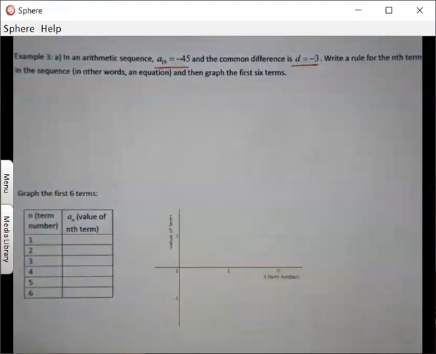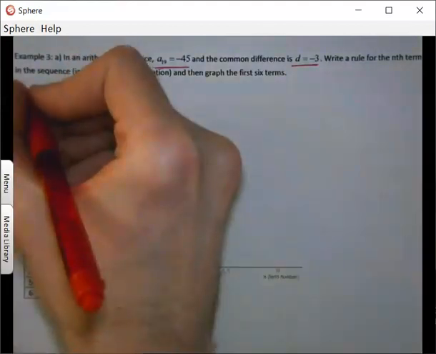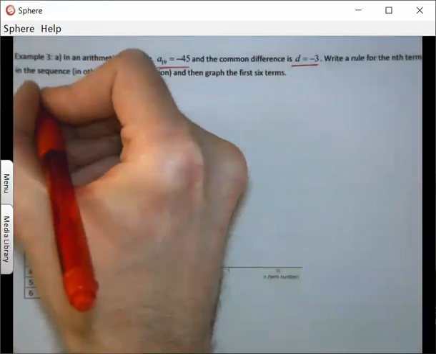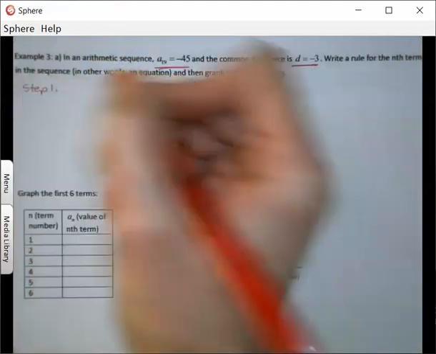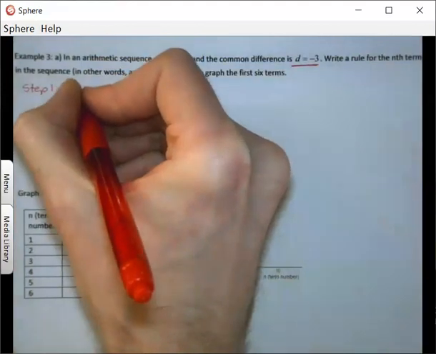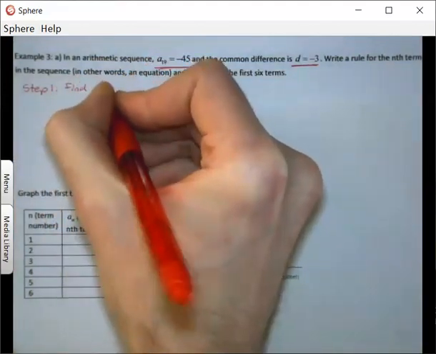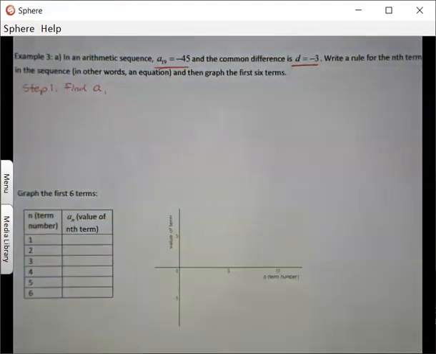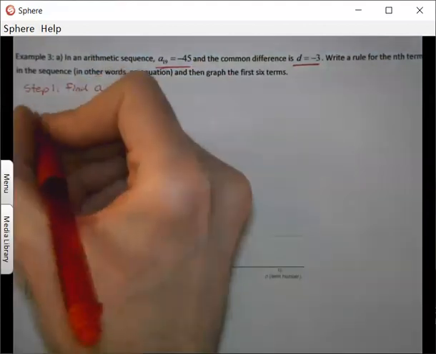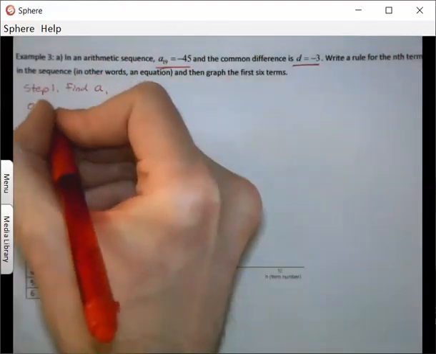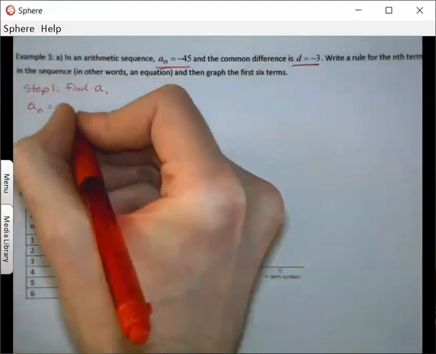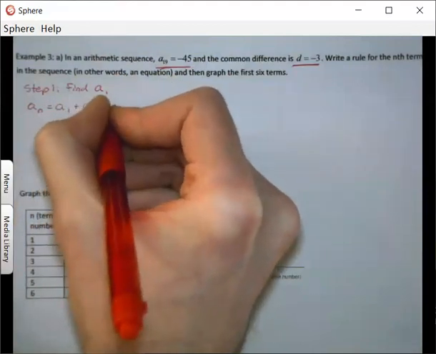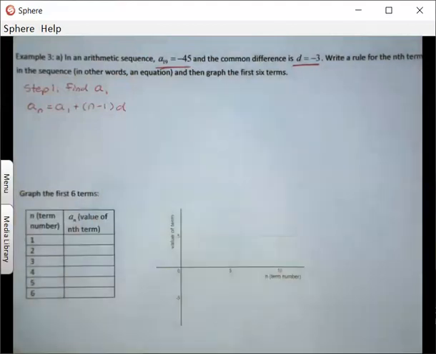So our first step, we want to find our a sub 1. We need to know what our first term is. So we're going to go back to our equation for the nth term. Let's say a sub n is equal to a sub 1 plus n minus 1 times d.